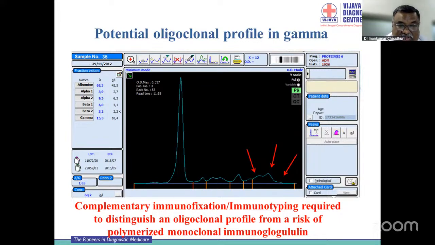Okay, right. The next question is, can a monoclonal M spike be seen in other fractions apart from the gamma globulin region? As we discussed previously, in monoclonal gammopathies the peak usually appears in the gamma region, but monoclonal patterns or peaks can be seen in the beta region also, beta 1, beta 2, and alpha 2.